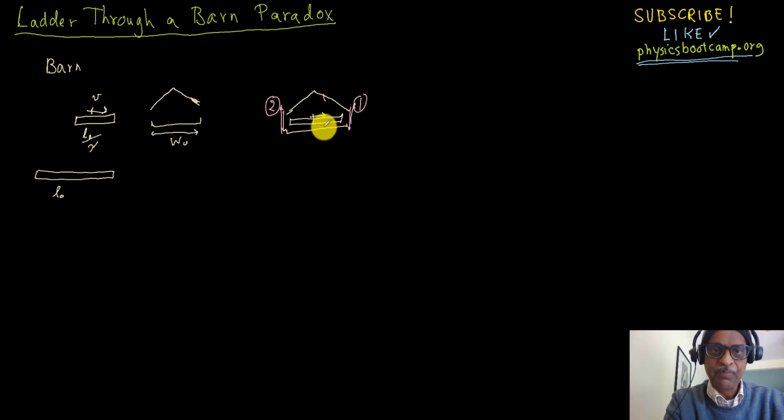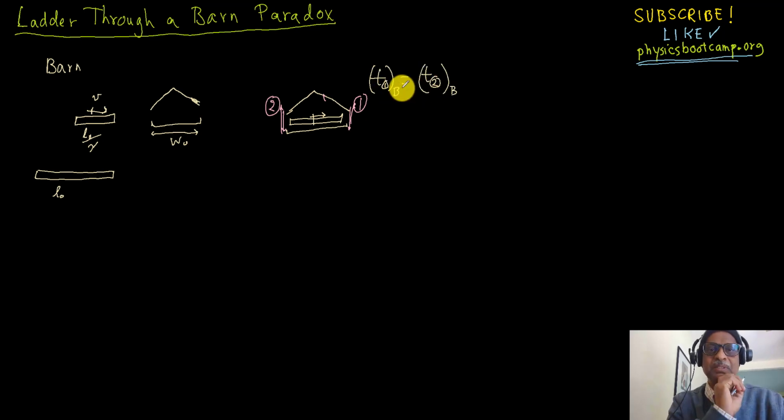But this will appear differently when we look from the ladder's perspective. So from the barn's perspective, event 1 is equal to event 2. I'm just going to denote it like this in the barn's perspective.